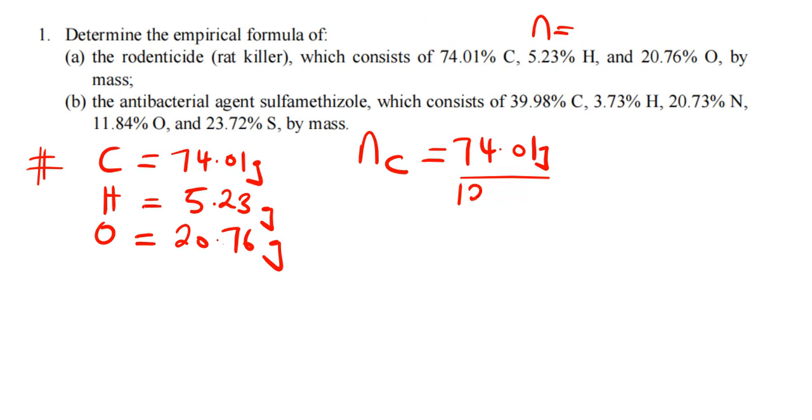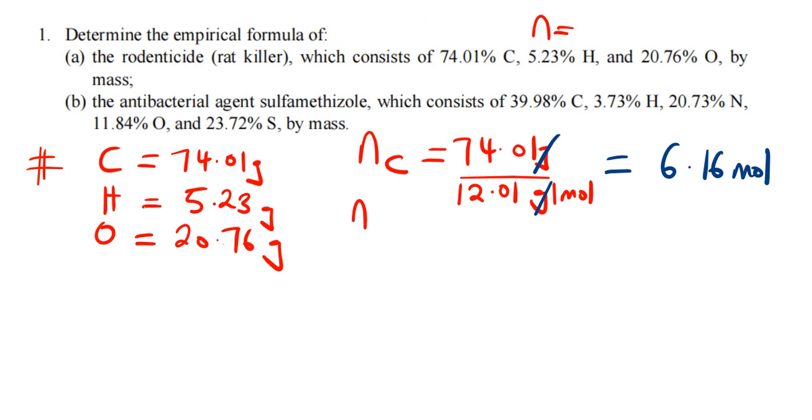It's 12.01 grams per mole. The grams cancel, so for the moles of carbon, 74.01 divided by 12.01, I'm getting 6.16 moles.